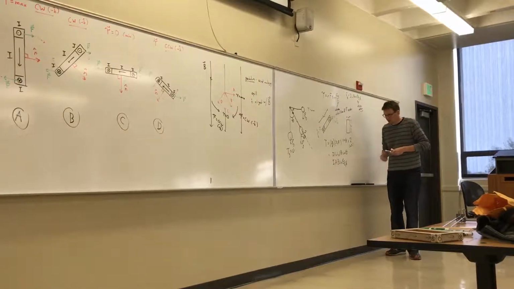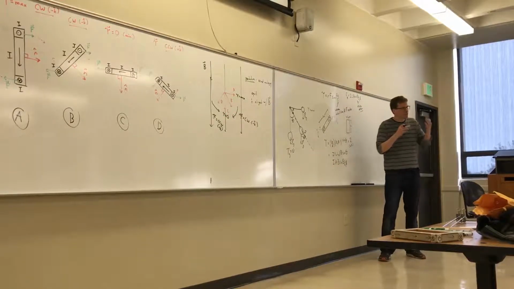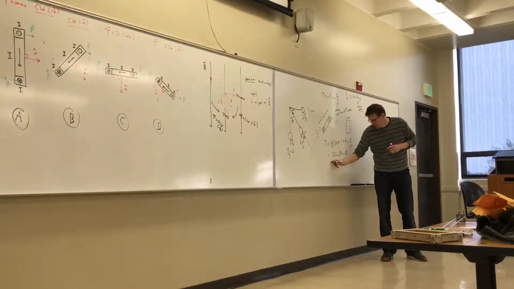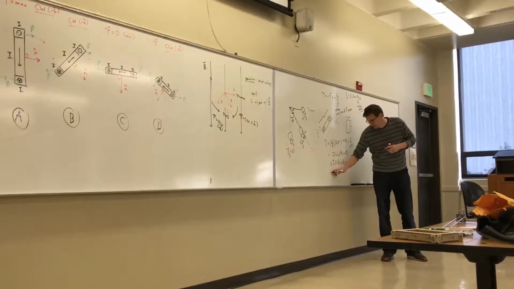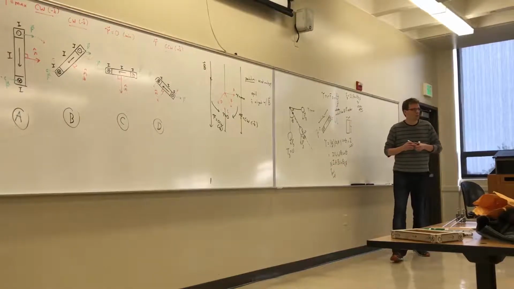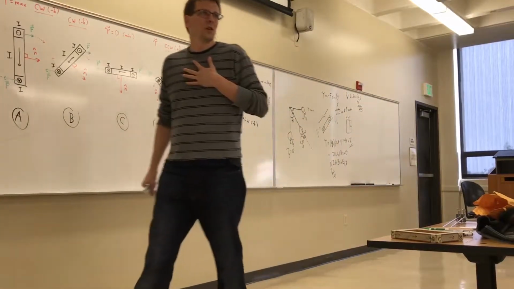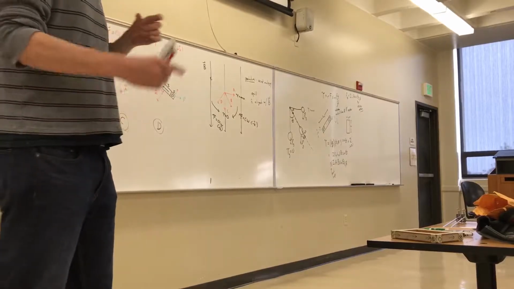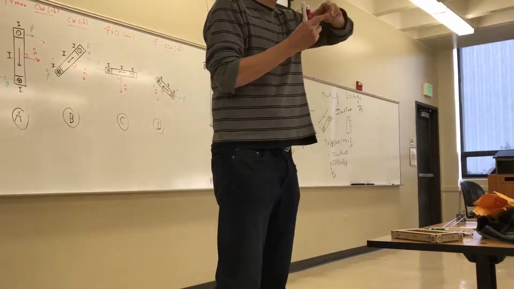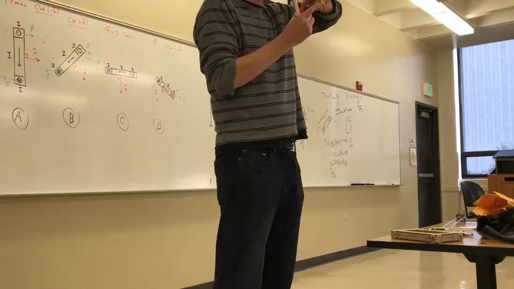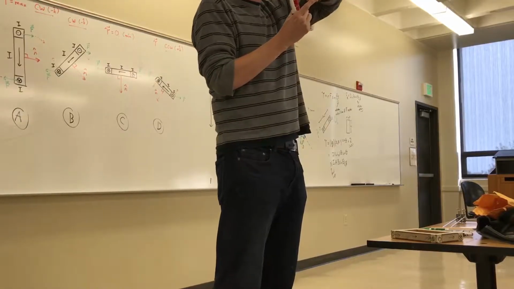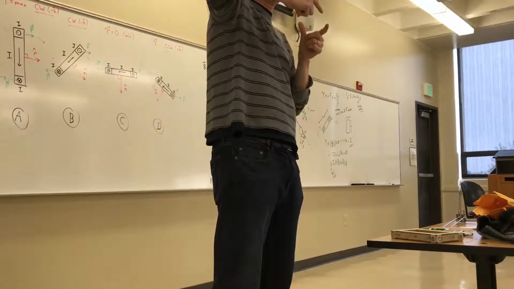The only thing I want to do is just put in a few bells and whistles, the first of which is that oftentimes we don't want to do this with just one current loop, we want to have a whole stack of them. The reason why is if you have not just one current loop, but you have 1,000 loops, if they all experience the same torque, then you get 1,000 times the torque on them, right?